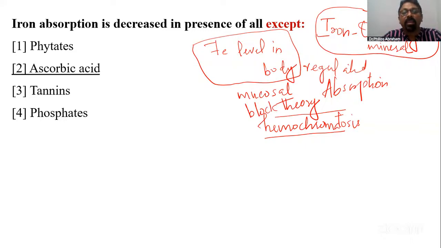Vitamin C is essential for absorption of iron. So for any anemic patients, we give iron tablets. Along with that, vitamin C also should be supplied. We ask them to have that because vitamin C helps in the absorption.